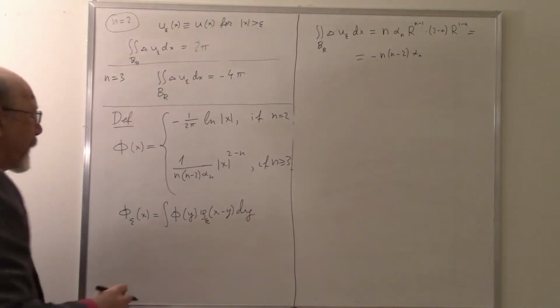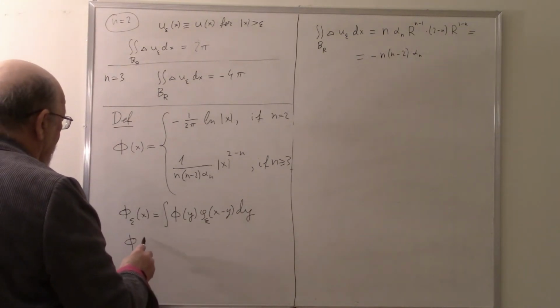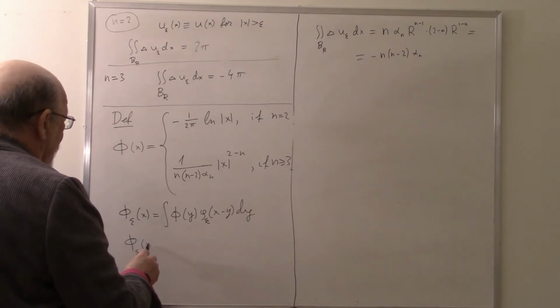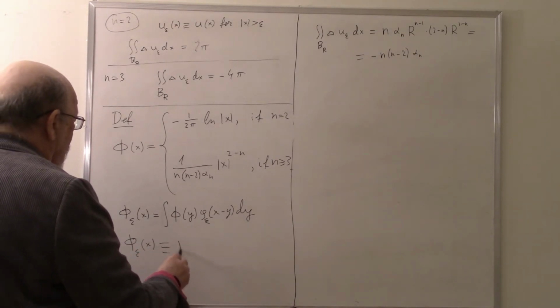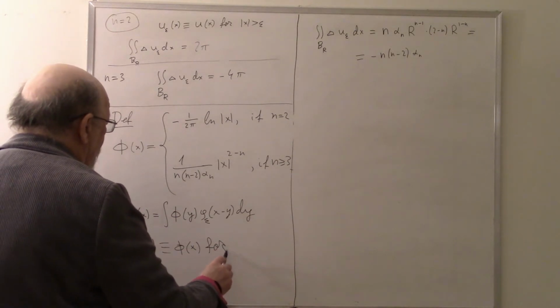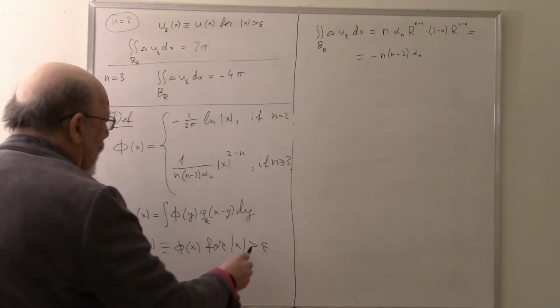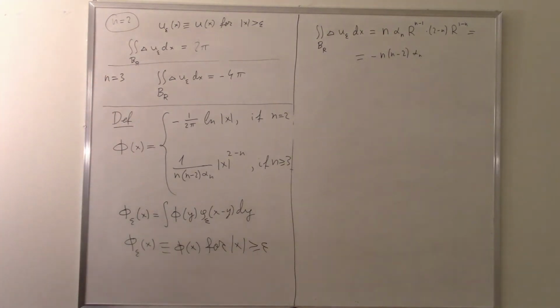So it is modified, and phi epsilon of x is equal to phi of x for module x more than epsilon, more or equally. That's it.